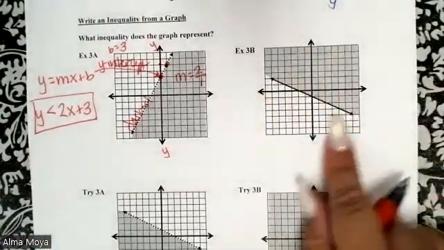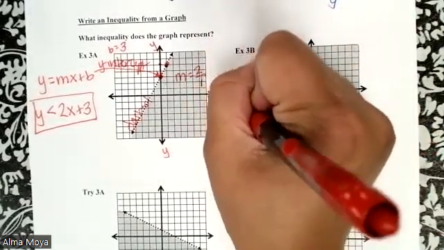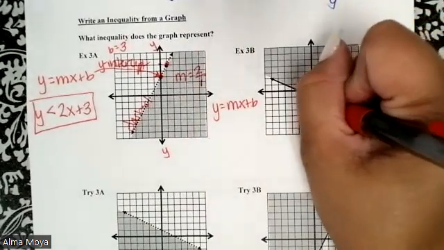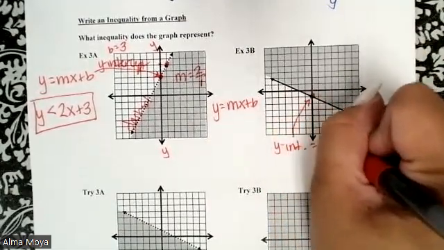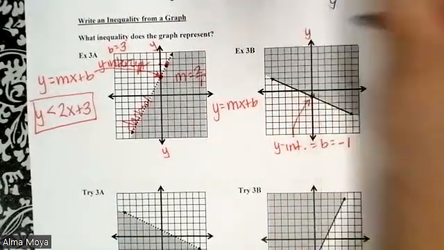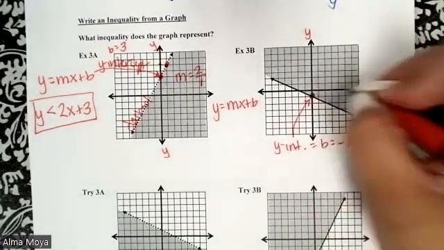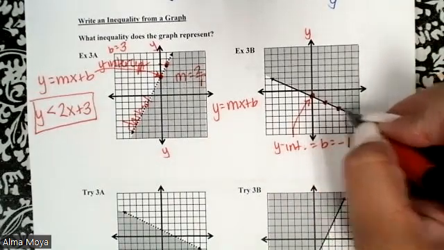Next one. Once again, this is y equals mx plus b. This right here is your y-intercept, which is the b value, and that equals a -1. Now for your slope, when you're picking another point, pick a point where you can tell what the coordinate is.